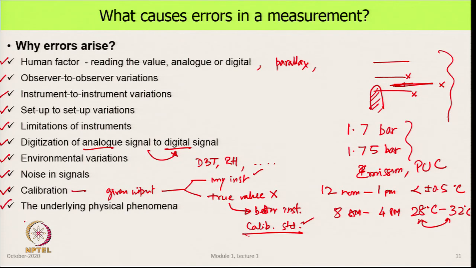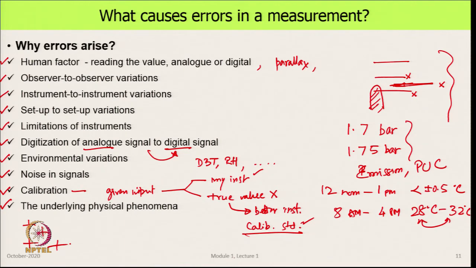And finally, there is always error in the underlying physical phenomena, which ultimately, if you keep asking why, ends up at Heisenberg's uncertainty principle. So, that is where things are, and to this list you can add many more things depending on the type of measurement you are making.